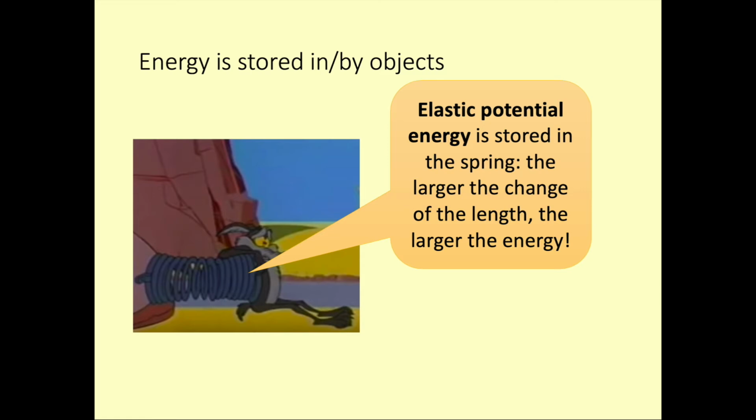I'm sure if you've ever flung a hairband or an elastic band before, then you will know the further you pull it back, the further it will go, and that's due to the higher amount of energy that gets stored as you pull it back. Similarly with a spring, if you compress it as much as you can, it's going to spring a lot further compared to if you only compressed it a little.